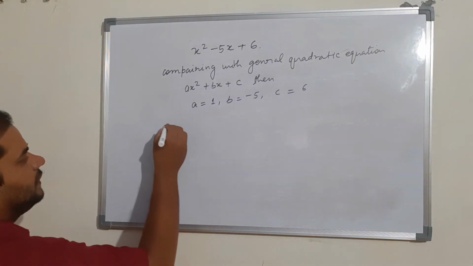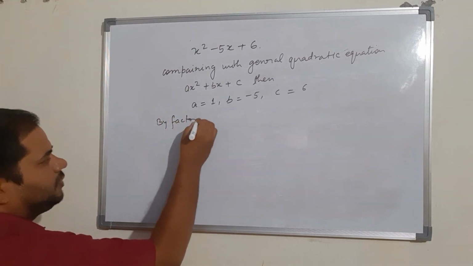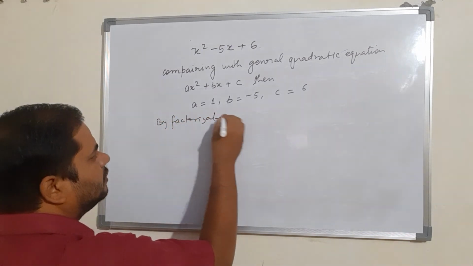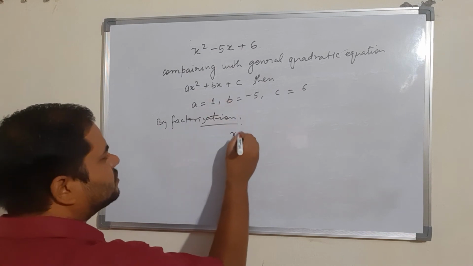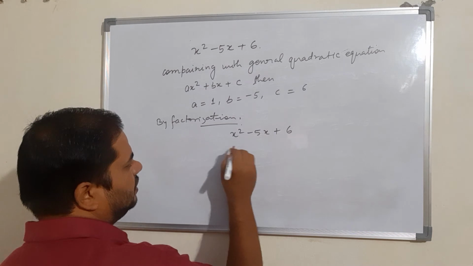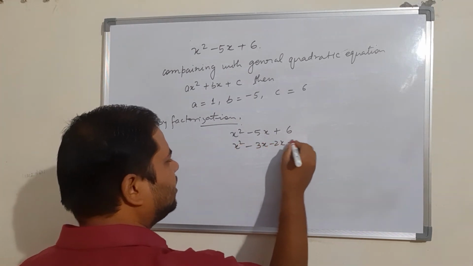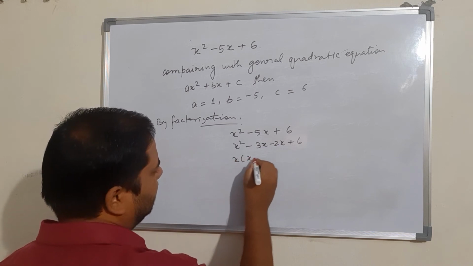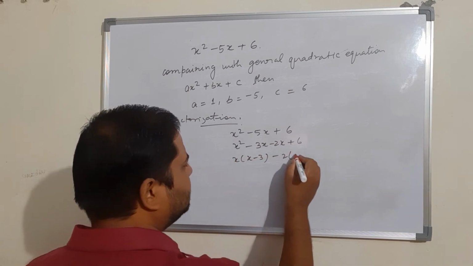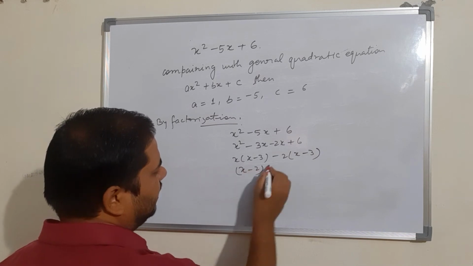So first of all, by the factorization method, x square minus 5x plus 6. In this case, x square minus 3x minus 2x plus 6, which gives x minus 3 minus 2 times x minus 3. So x minus 2 and x minus 3.